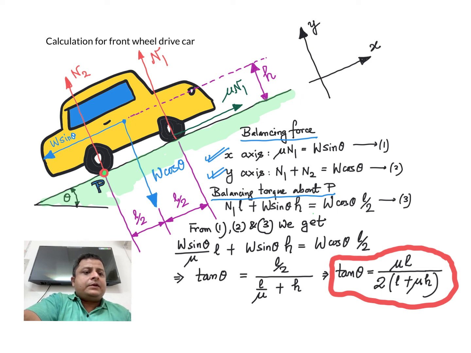After calculation you get tan theta is L by 2 divided by (L by mu plus H). So tan theta is mu L by 2 times (L plus mu H).